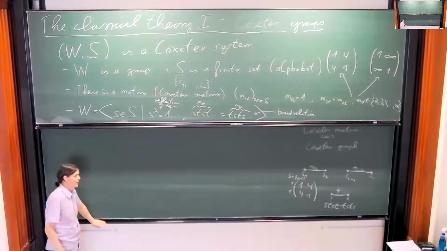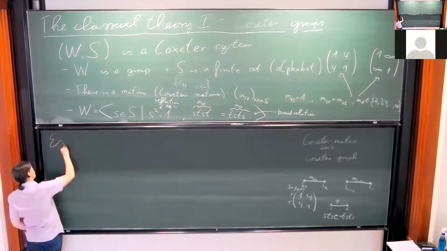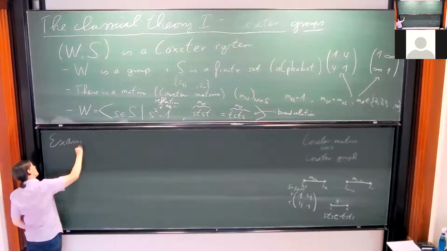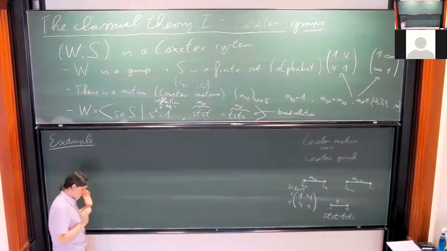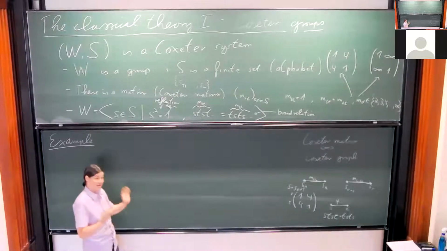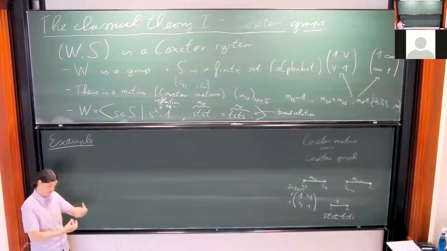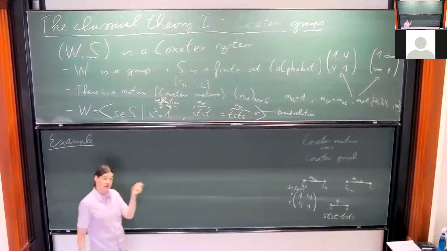Okay, so let's jump into examples. The first example, which you should always remember, is that the Coxeter groups generalize the symmetric group. Remember, the symmetric group is just the permutation group of, let's say, the set 1 to n.